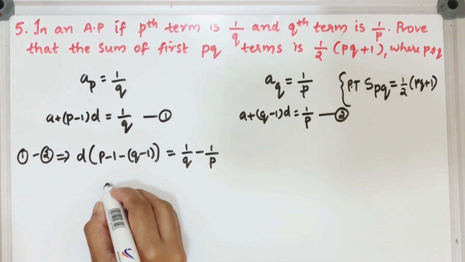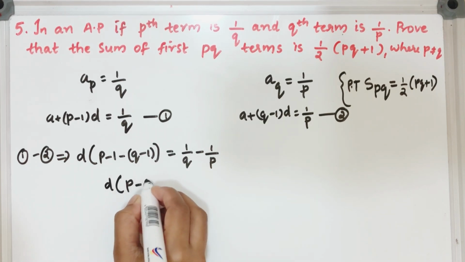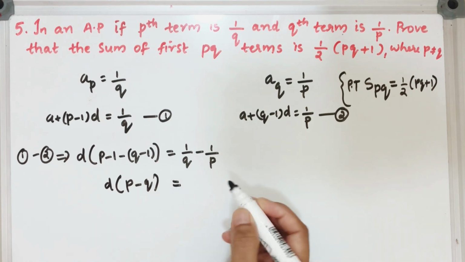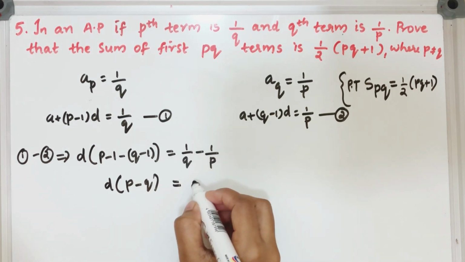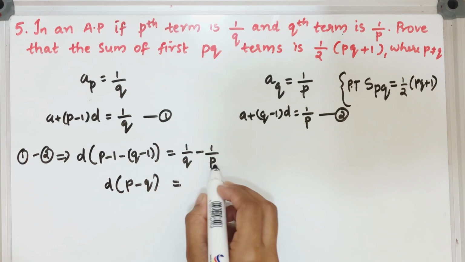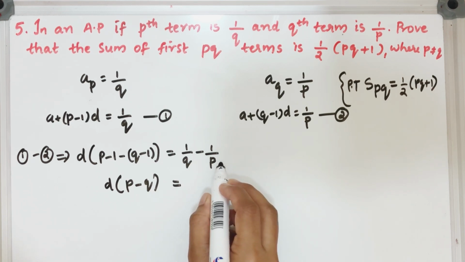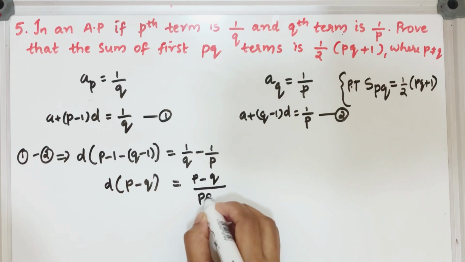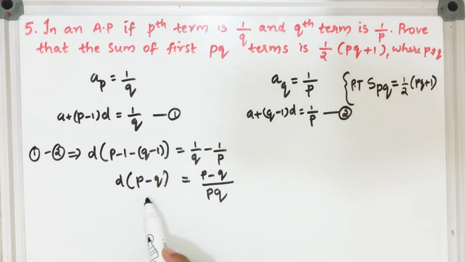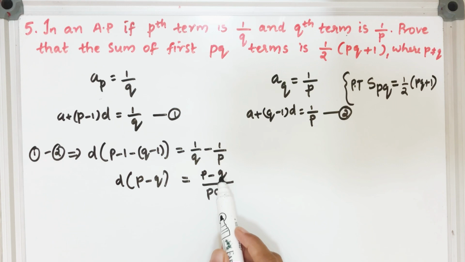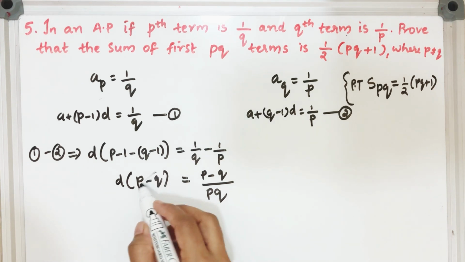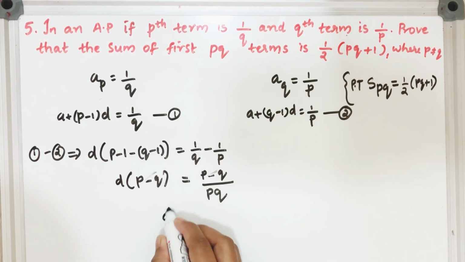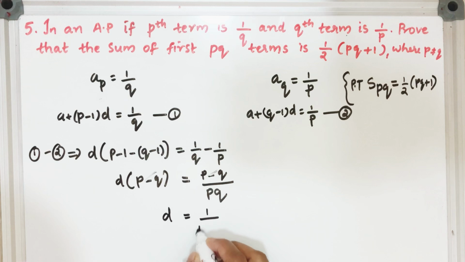That is D into P minus Q is equal to, taking the LCM of P and Q as the denominator, that is P into Q, P minus Q by P into Q. Here P minus Q gets cancelled, P minus Q by P minus Q is equal to 1. Implies D is equal to 1 by P into Q.